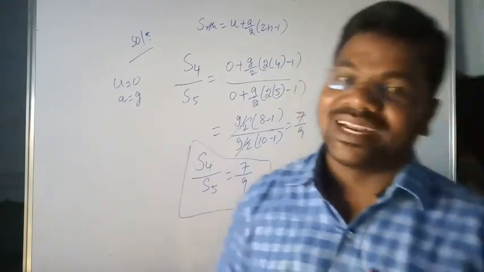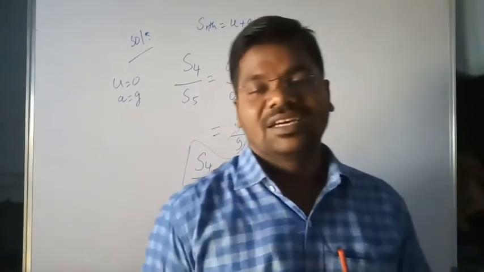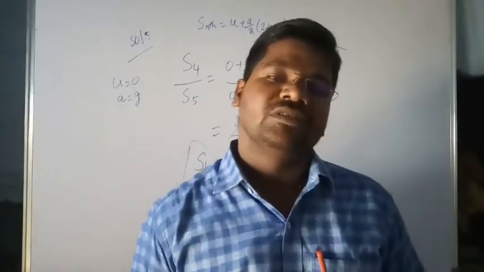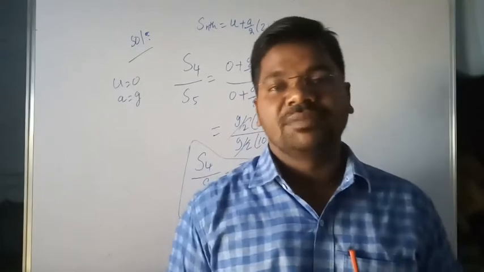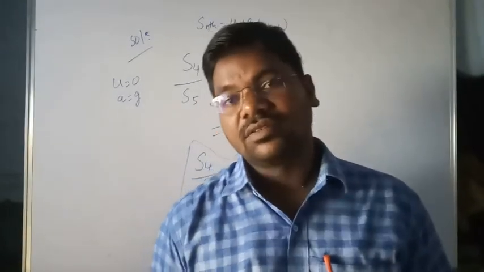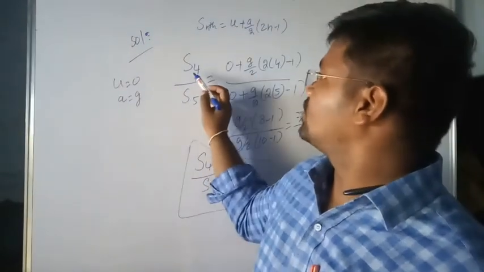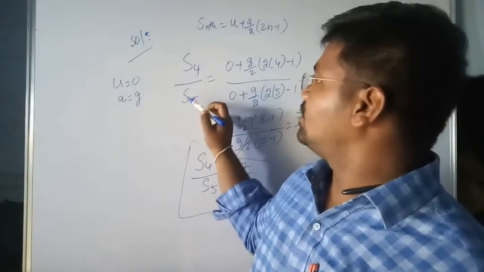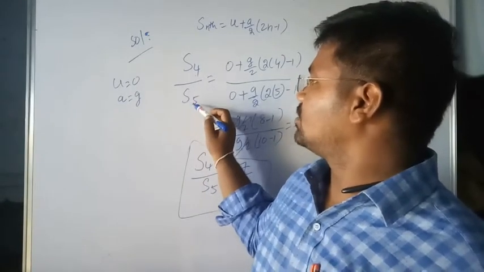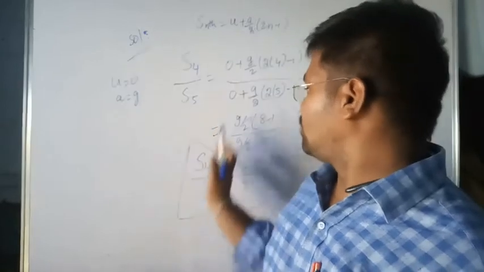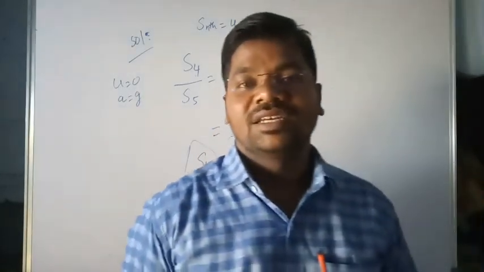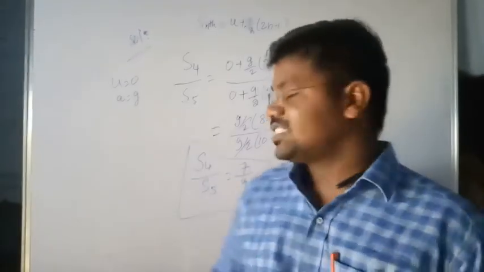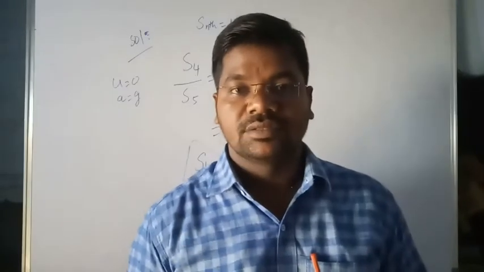Based on the distance traveled by a particle in the nth second, u plus a by 2 into 2n minus 1, substituting n as 4 and 5, we get S4 by S5 is equal to 7 by 9.